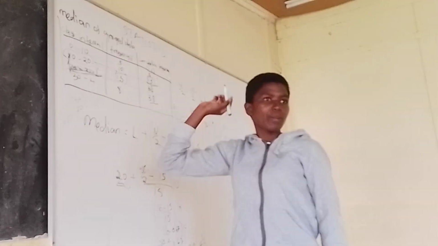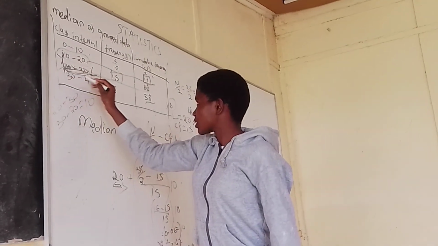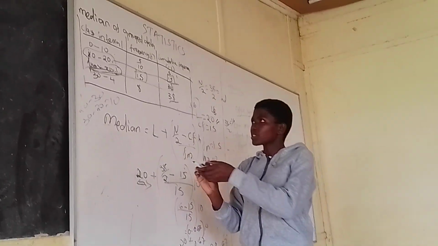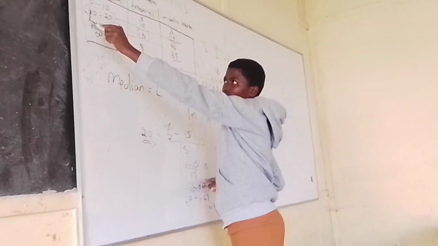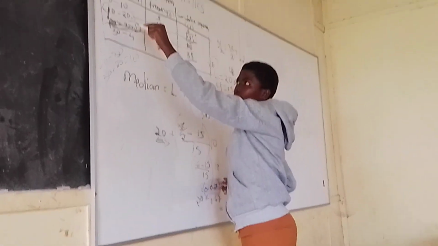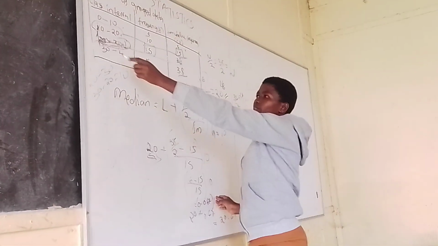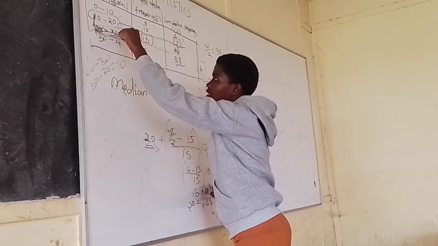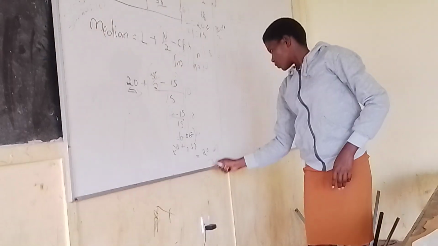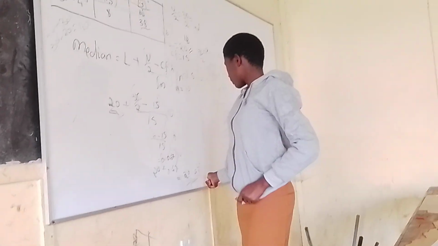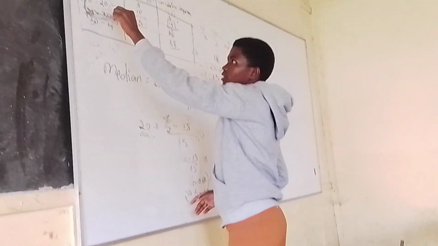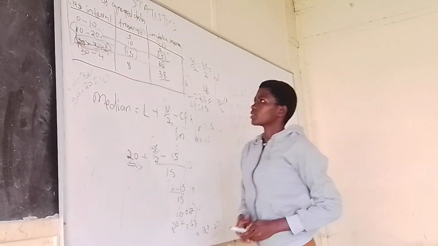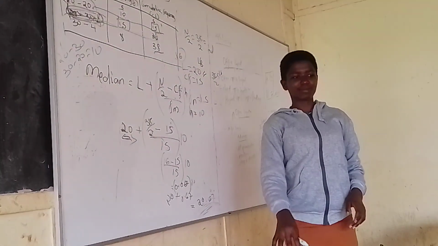So our median must be within this class, 20 to 30. If you find a median which is less than 20 or more than 30, then you are wrong. Your median must fall within this class interval. Like in our case, we have 20.67, which falls within this class interval. So this is the median.